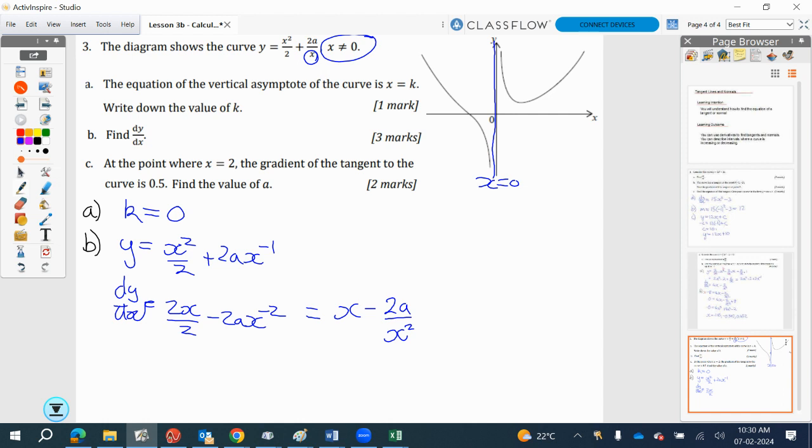Tell me what it is. I put an answer. What did you put? 0.5 equals 2 minus 2a over 2 by 2. Okay, how many answers did you get? One. But to be fair, it's only 2 marks. Double check. It does sound right that it's only 2 marks, it's going to be 1, because you'll get 1 for setting up your equation, 1 for getting it. But I would double check always.